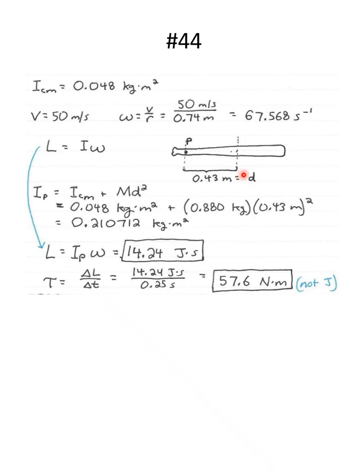And then I haven't written it, but it says from here to here, the center to the end, is 0.31 meters or 31 centimeters. So you add those together. From P to the end is a total of 74 centimeters or 0.74 meters. So you should get that this point on the end is moving with an omega of 67.568 radians per second.